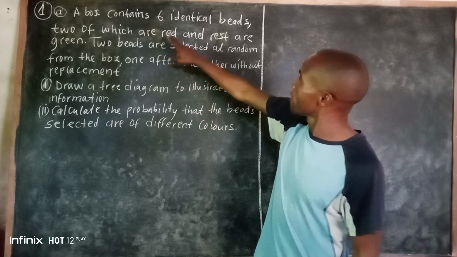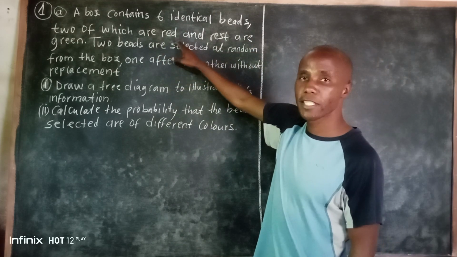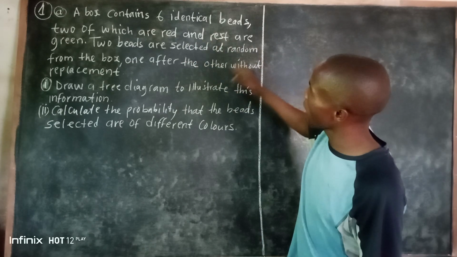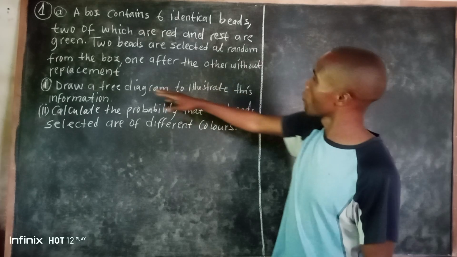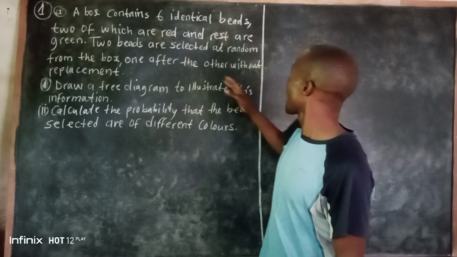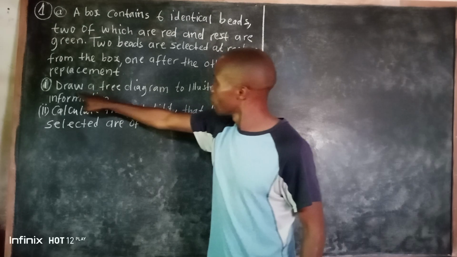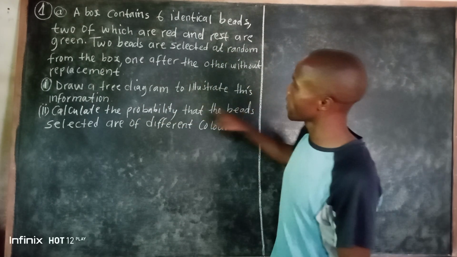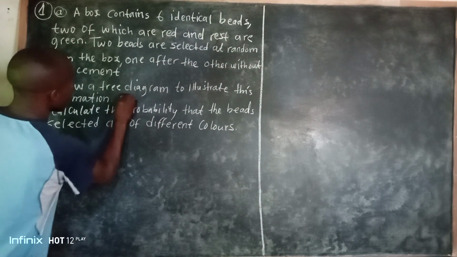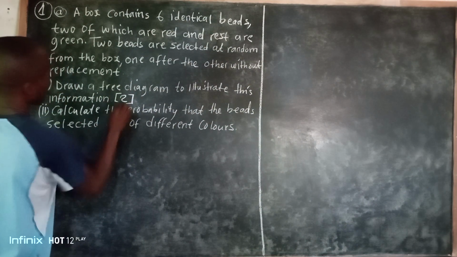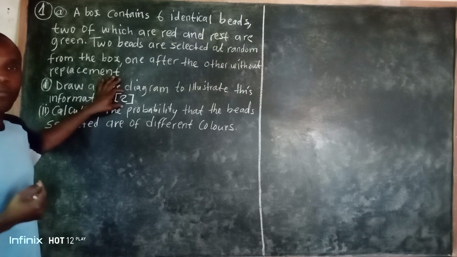A box contains 6 identical beads, 2 of which are red and the rest are green. 2 beads are selected at random from the box, one after the other without replacement. Question 1: draw a tree diagram to illustrate this information. This is 2 marks, just for drawing the tree diagram.